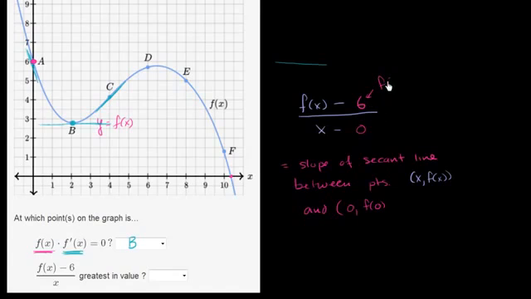This right over here is f of 0. In fact, let me just write that as 6. And the point 0, 6.